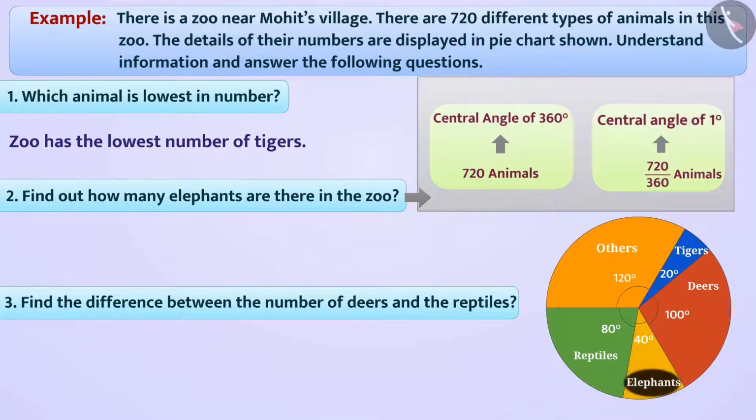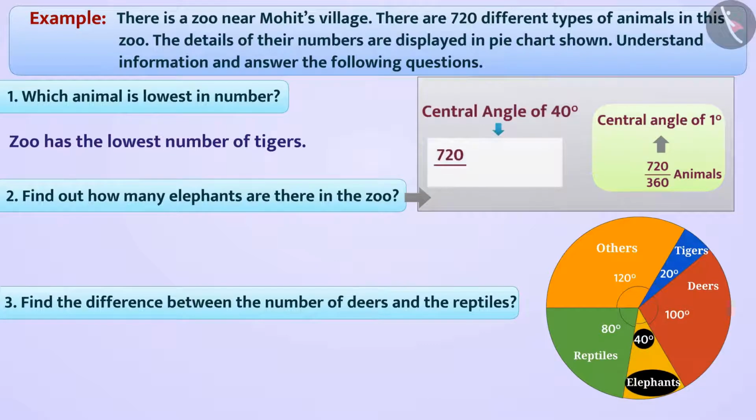Since the number of elephants is denoted by 40 degrees, from a central angle of 40 degrees, 720 divided by 360 multiplied by 40 elephants, that is, 80 elephants are represented. That's why there are 80 elephants in the zoo.